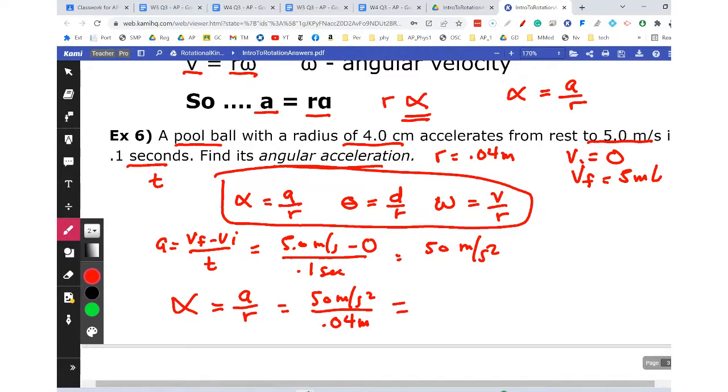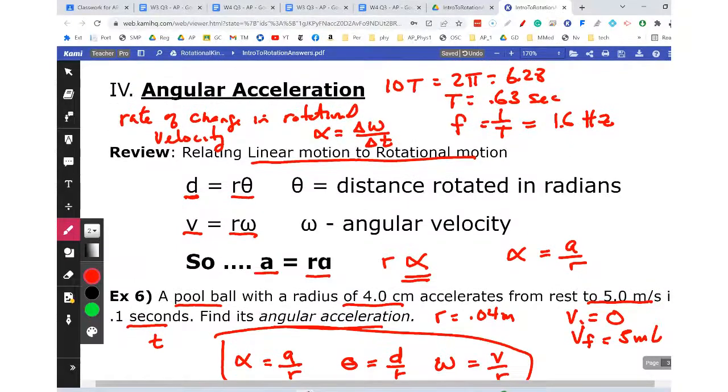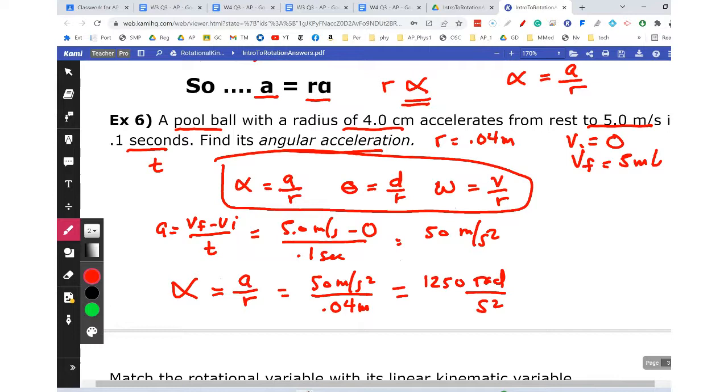So 50 divided by 0.04 equals, in radians per second squared. That's the unit for angular acceleration. It's radians per second squared. So you can see from here, whenever you want to get your angular units, simply take your linear and divide by r, the radius, which is 0.04.